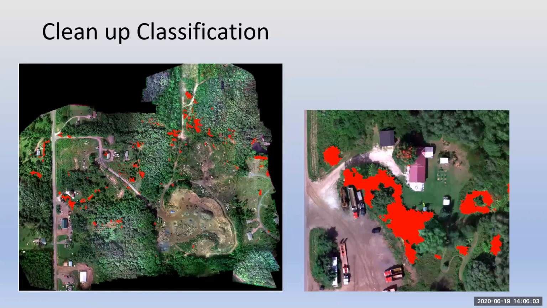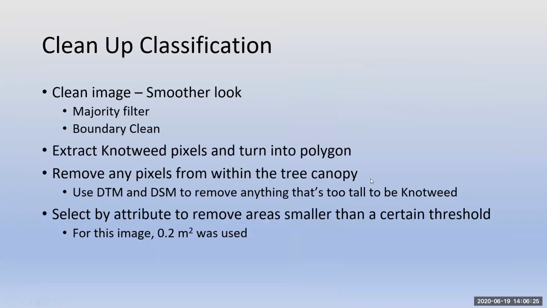This is the close-up of the cleanup. You can see it looks pretty good on the right-hand side in the close-up. That Japanese knotweed is pretty well covered by that red area. All right, next slide.